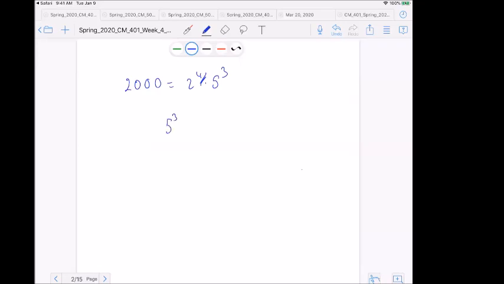So for 5 cubed, we have 4 divisors. That means n can only take 4 different positive integer values. Parity means odd and even.